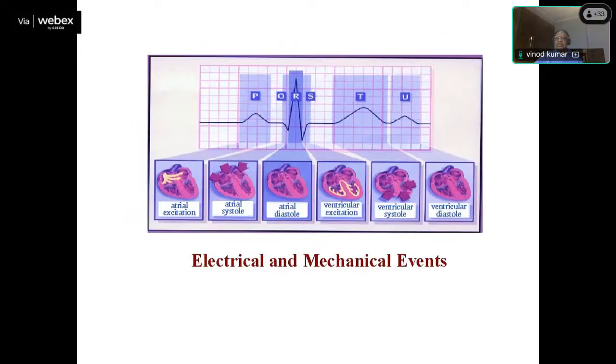Now, how is ECG generated? So ECG is basically the electrical activity of the heart. This is my ECG signal. The ECG signal has PQRST waves.